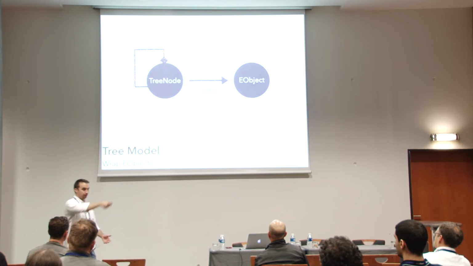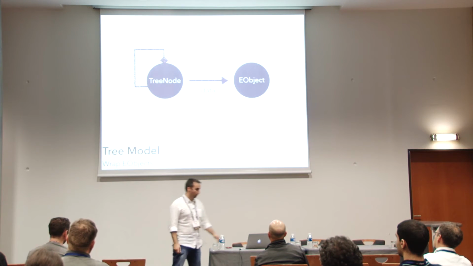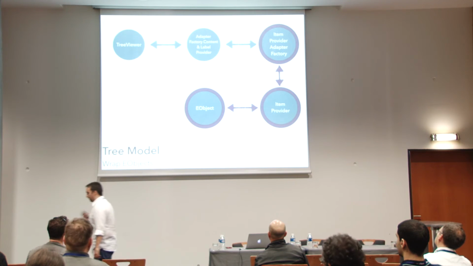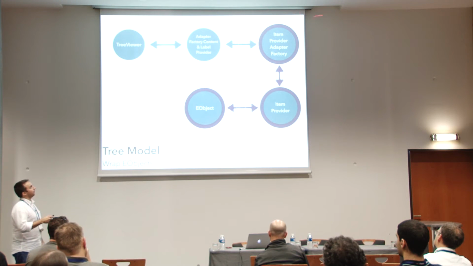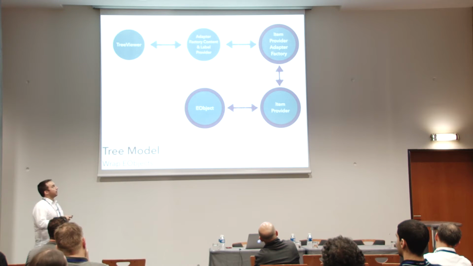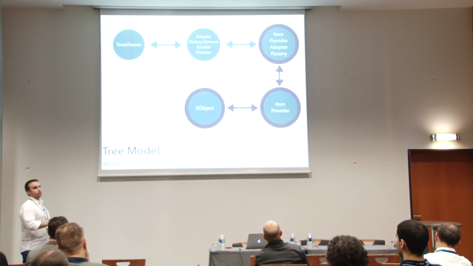So you can create a complete tree of elements that wrap EObjects, other EObjects from your actual model, here our library model. And even better, this tree model is coming with an already done decorator ItemProviderAdapterFactory and decorator ItemProvider that will forward all the events and all the messages properly to the EObject.